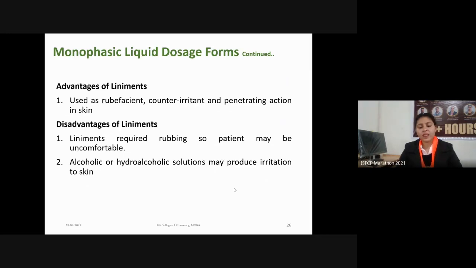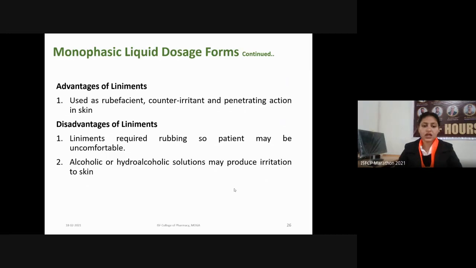If we want to increase the penetration of a drug, we use alcohol because it will act as a penetration enhancer. So these are the advantages of the liniments.